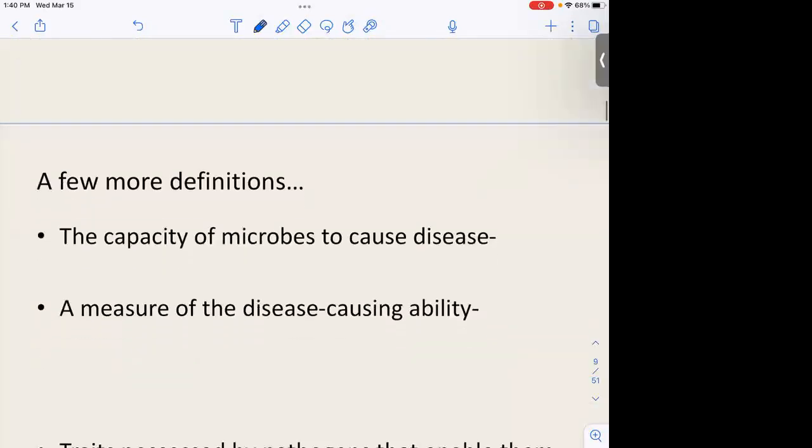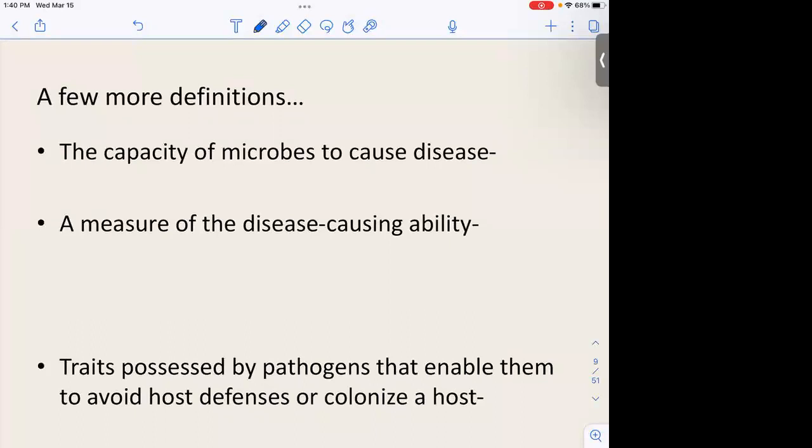All right, so a few more definitions as we move forward here. The capacity of microbes to cause disease. Disease-causing microbes, we call them pathogens. So the capacity of microbes to cause disease, we'll say pathogenicity. And a very closely related word that sometimes we use interchangeably with pathogenicity is virulence.